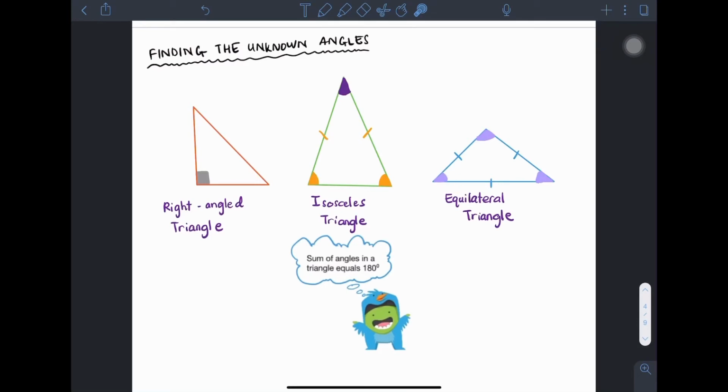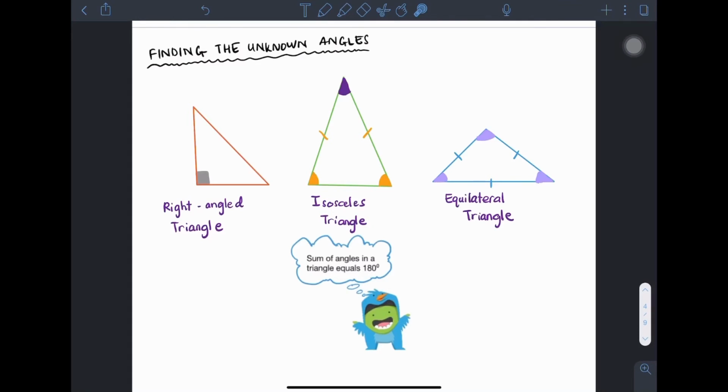So each angle in an equilateral triangle is 60 degrees. And don't forget that the sum of angles in a triangle will equal 180. It doesn't matter what type of triangle, when you add all the angles in the triangle, you will get 180. That is the first fact that you need to know.